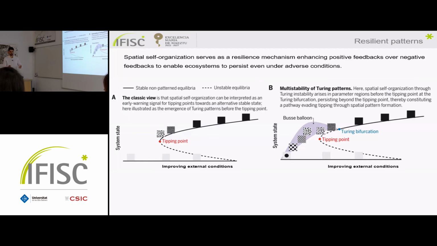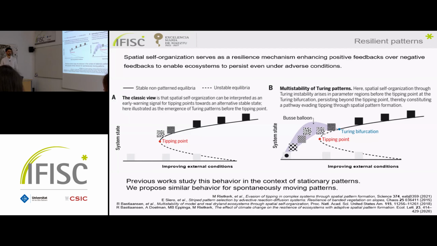There are many theoretical and also numerical or mathematical studies of this kind of behavior. Most of them have focused on stationary spatial patterns, or maybe also Turing patterns that move through a slope or an advection term. So we wanted to try to apply this framework to our system, where our patterns spontaneously move without the need of any advection term.